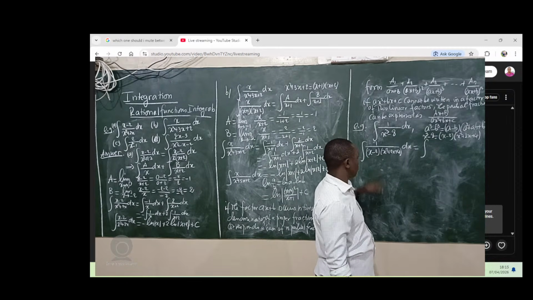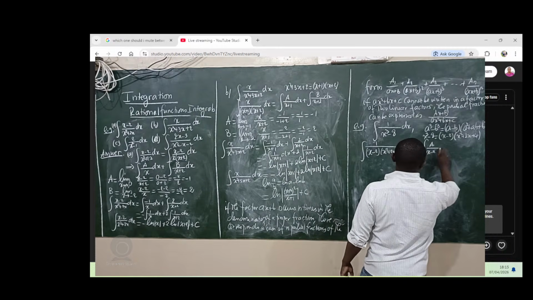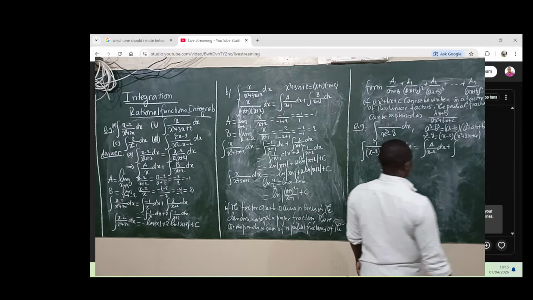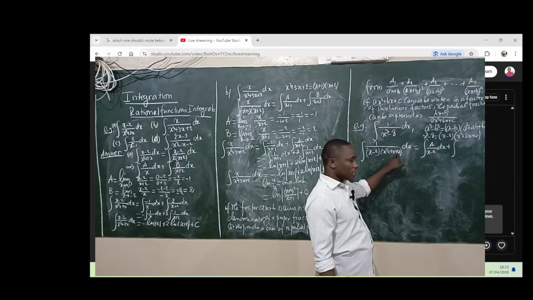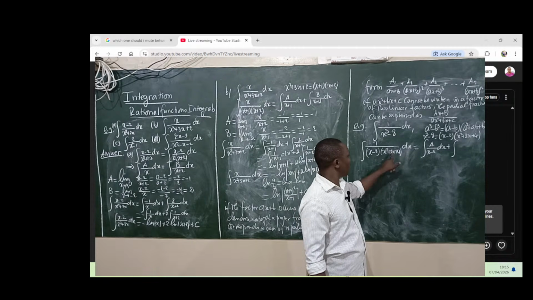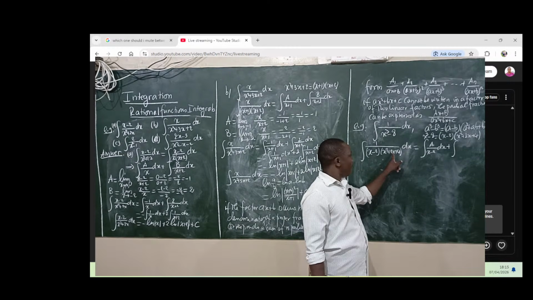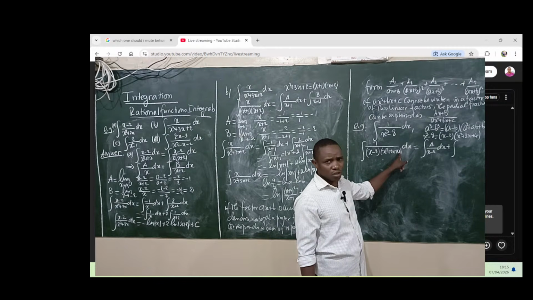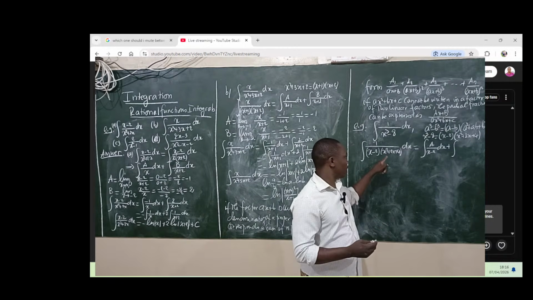We need to write A by x minus 2 dx plus the integral. Because here we have x squared plus 2x plus 4, its discriminant will be 2 squared, that is 4, minus 4 times 4, that is 4 minus 16, that is minus 12. And its square root doesn't exist in the set of real numbers. That's why this is an irreducible quadratic.